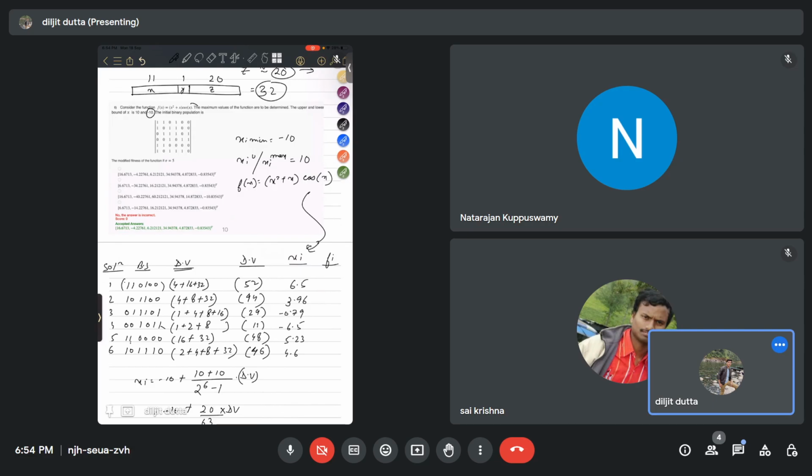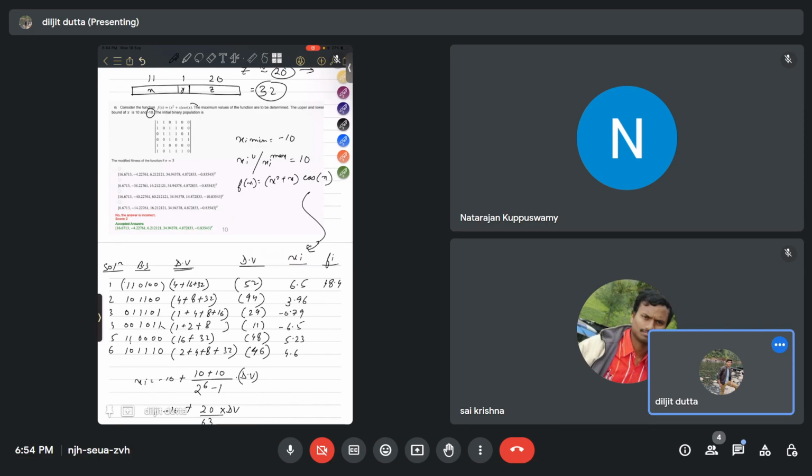Let us do that. 6.5 whole square plus 6.5 cos of 6.5, in the first one will come 48.4.